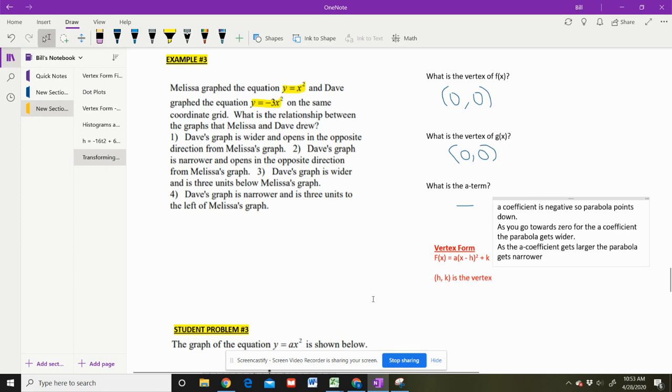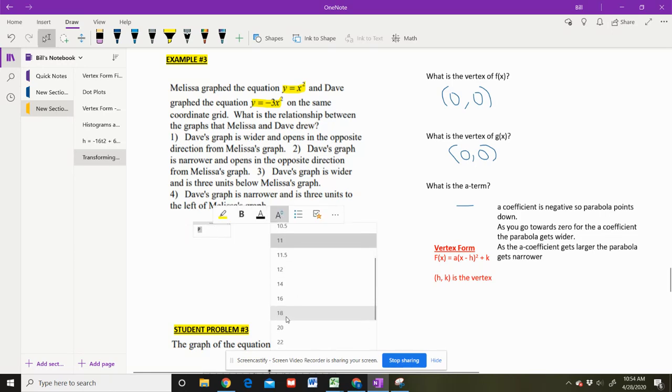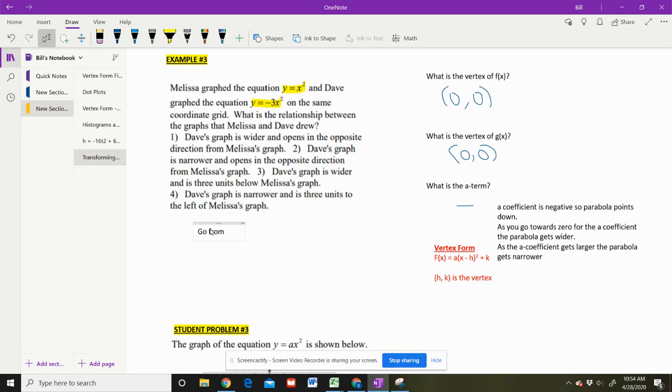So we know that we're going to get, let me type this in too. We got two questions here. Let me make this big enough so you can see it. So we go from positive 1 to negative 3.